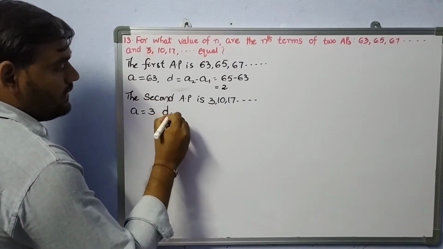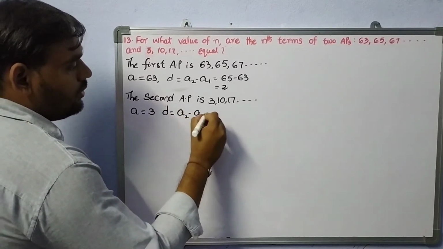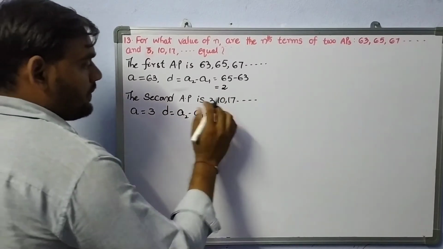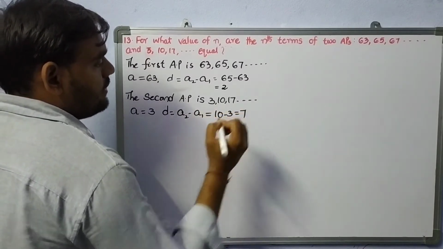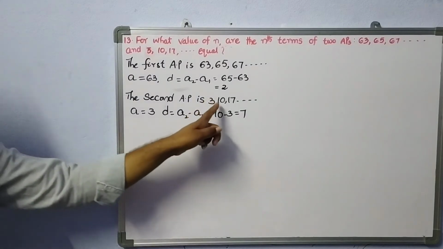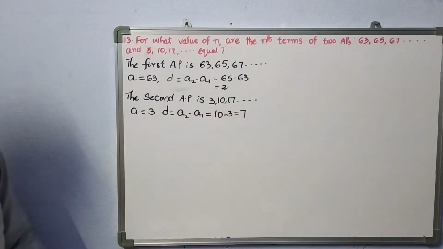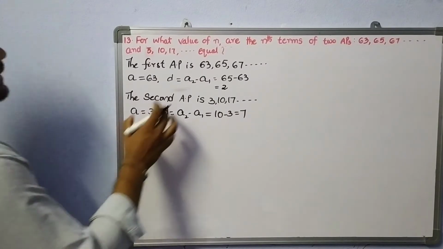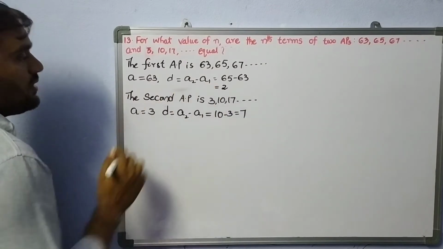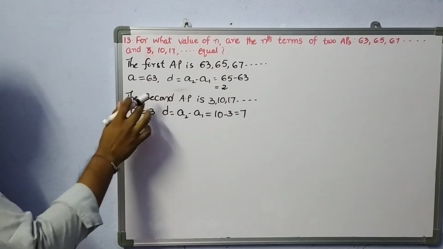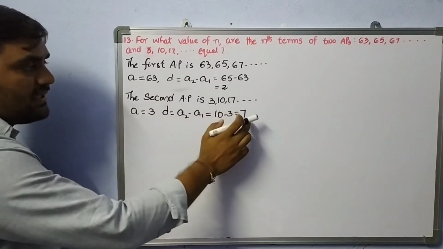Common difference D is equal to A2 minus A1, that is 10 minus 3, which is 7. So in the first arithmetic progression, the first term is 63 and common difference D is 2. In the second arithmetic progression, the first term is 3 and common difference D is 7.